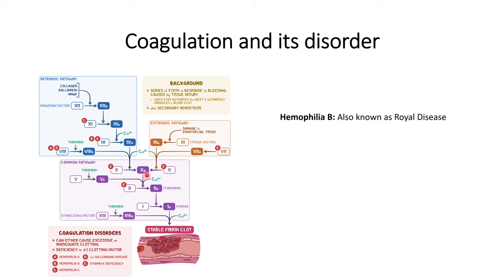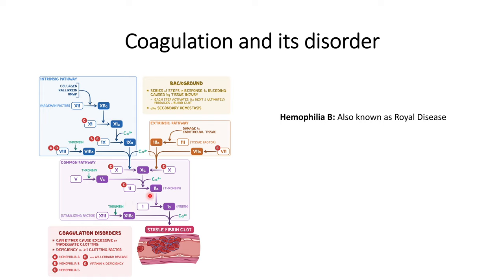Factor 10A, and also factor 5, which gets converted to 5A in the presence of thrombin, and thrombin is usually formed whenever injury is observed. Factor 5A and factor 10A, in the presence of calcium, will activate factor 2 to factor 2A, and deficiency of factor 2 is also related to vitamin K deficiency.